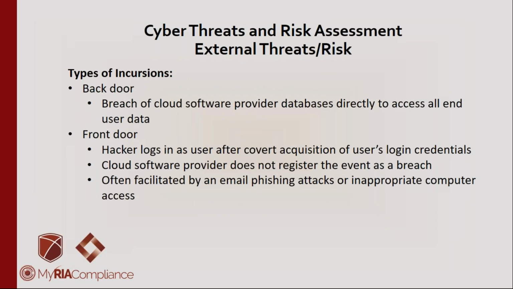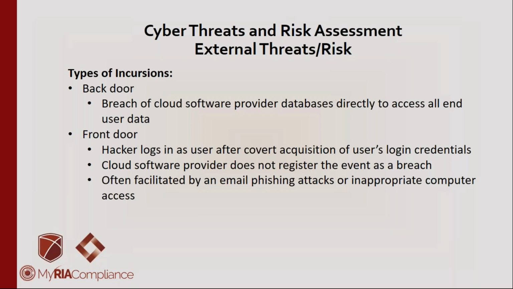As far as what the risks look like, we've talked a little bit about internal risks. We'll talk a little bit more about that in just a bit. But I wanted to go into what some of the risks look like, both external and internal. So external threats and risks, there's a couple of different types of incursions. There's the backdoor incursion, which is a breach to a cloud software provider. So say you're using Dropbox or iCloud or Microsoft OneDrive or whoever you use, and say they have a breach.